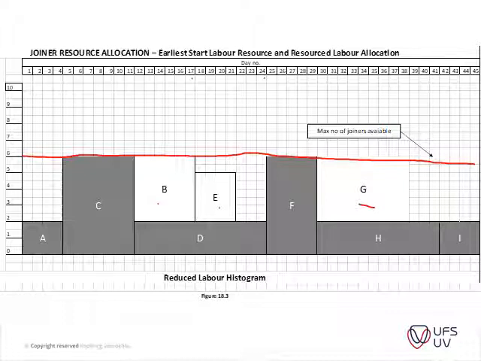Basically these joiners have to wait until these guys are done with their work, so B and C. So it's not ideal, but the amount of resources are optimally used by the main contractor, but the subcontractor in the end loses out because he cannot start with his fitting after item B is finished. So that's, in a nutshell, that example.